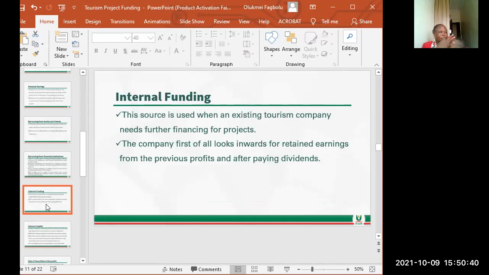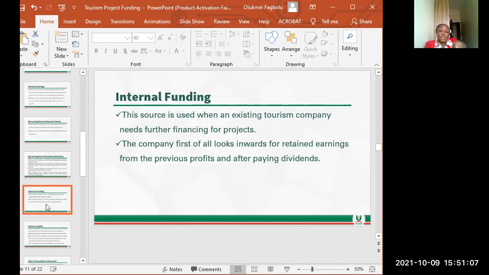When you are preparing your financial statement, there is a place you have to set some amount aside, retained earnings. Not every profit that you make will you just use everything. No, you have to set some amount aside called retained earnings.